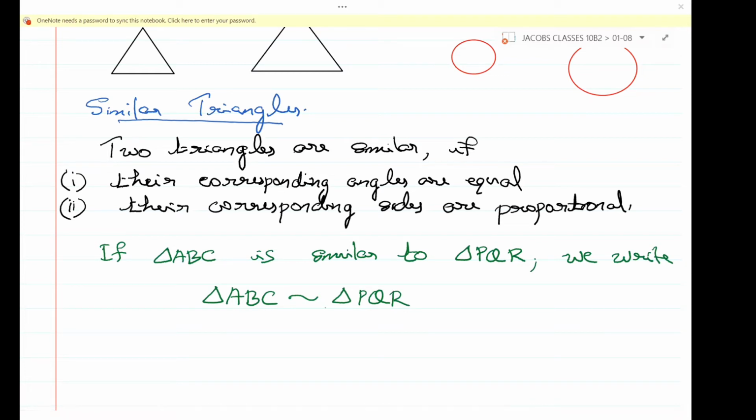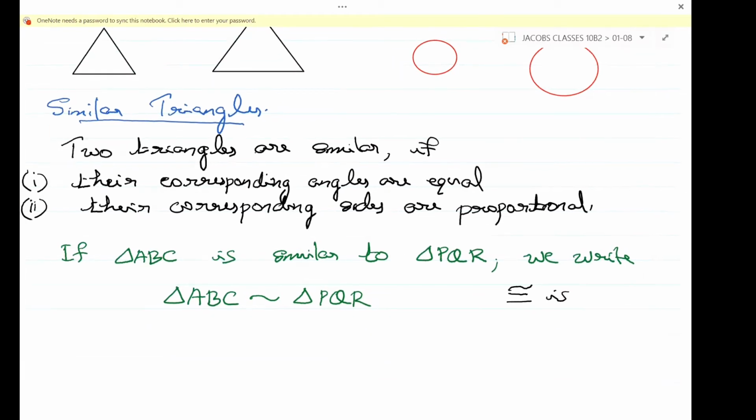I'll explain that once again. This sign is for is congruent to. And this one is for is similar to. Okay, is it clear?